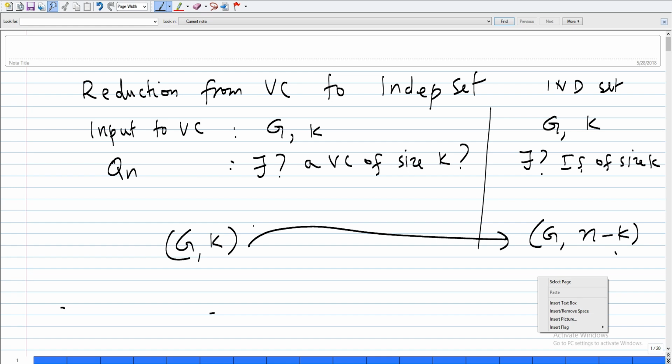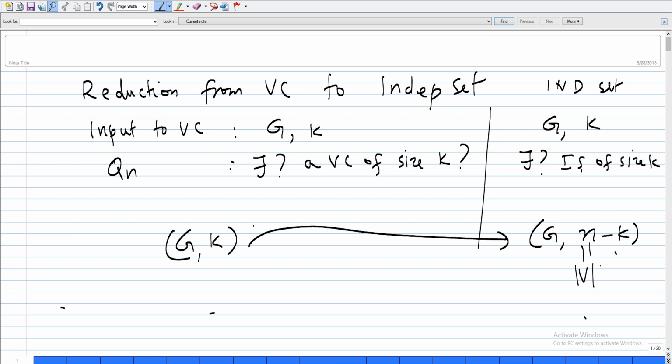So, the F which you need for the reduction, which should take an input from here to an input here, is exactly this: it takes G comma K, converts it into G comma n minus K, where n is the size of the vertex set in this graph. That is it.